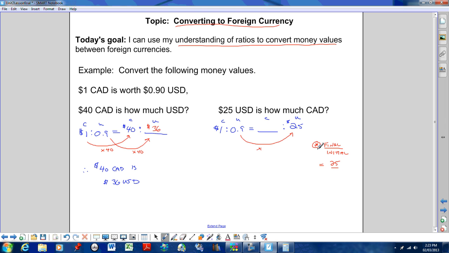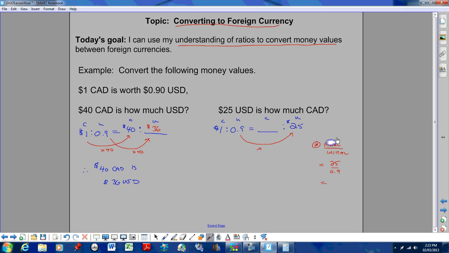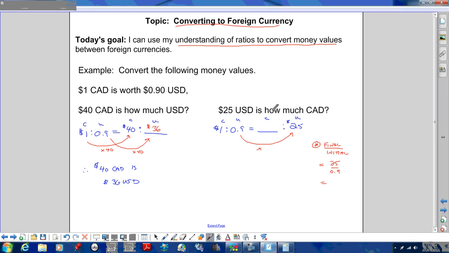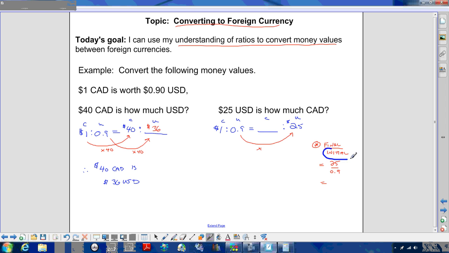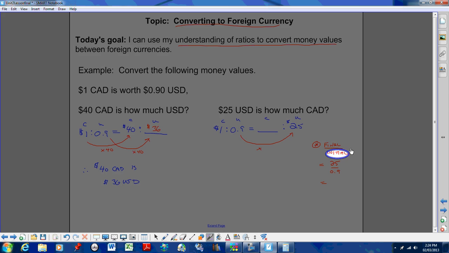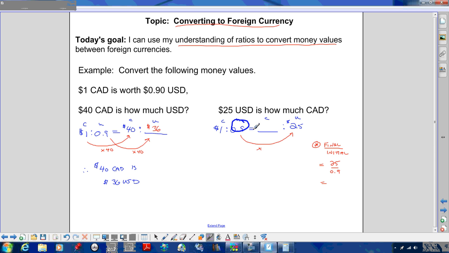My initial amount was the 0.9. And how do you know the difference between final and initial? I'll just point this out. Final, I'm going to say, is always on the right side. So this is always my final amount. Keep it simple. What's the initial amount? It is on the left side. Okay, so keep it simple with that.